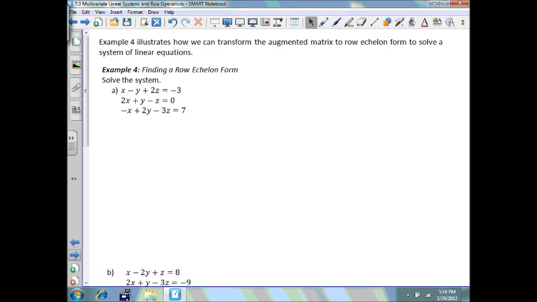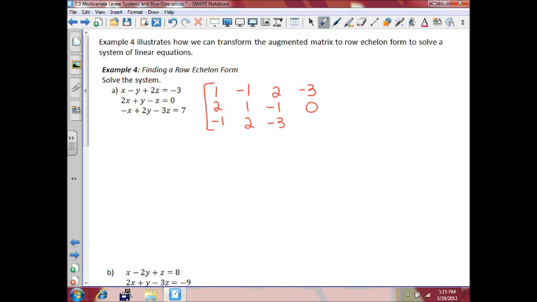Let's do that with example 4. First things first, we need to transform the system into an augmented matrix: 1, negative 1, 2, negative 3; 2, 1, negative 1, 0; negative 1, 2, negative 3, 7. That's the first thing we need to do.